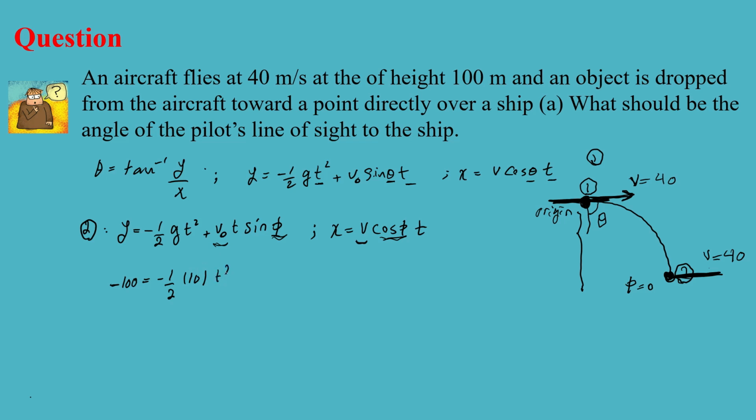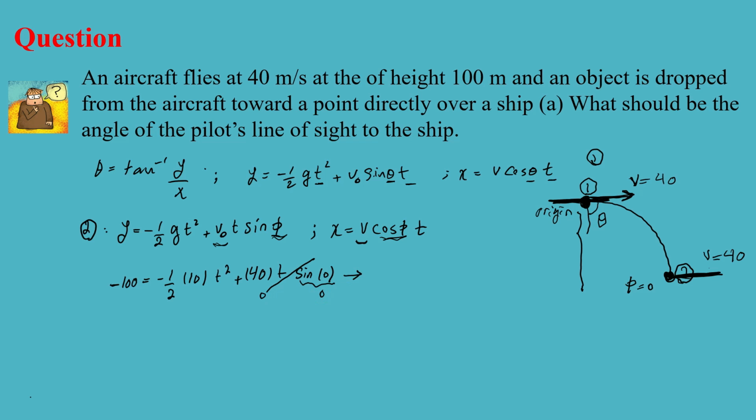I don't know what t is, I'm looking for that. And then my v is going to be 40. And then sine, and my angle is going to be 0. So this part is going to be 0 because sine 0 is 0.